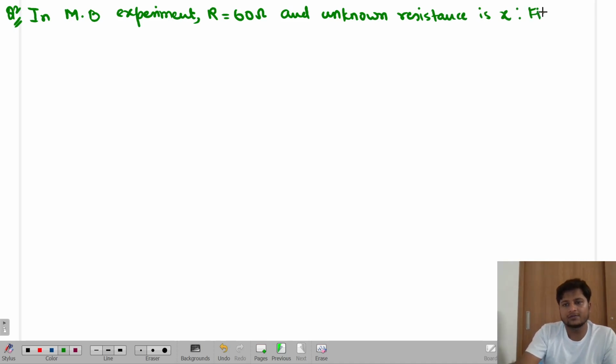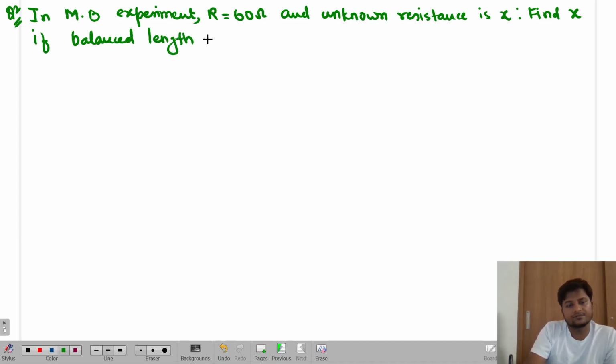Find X if balanced length is shifted by 20 centimeter.